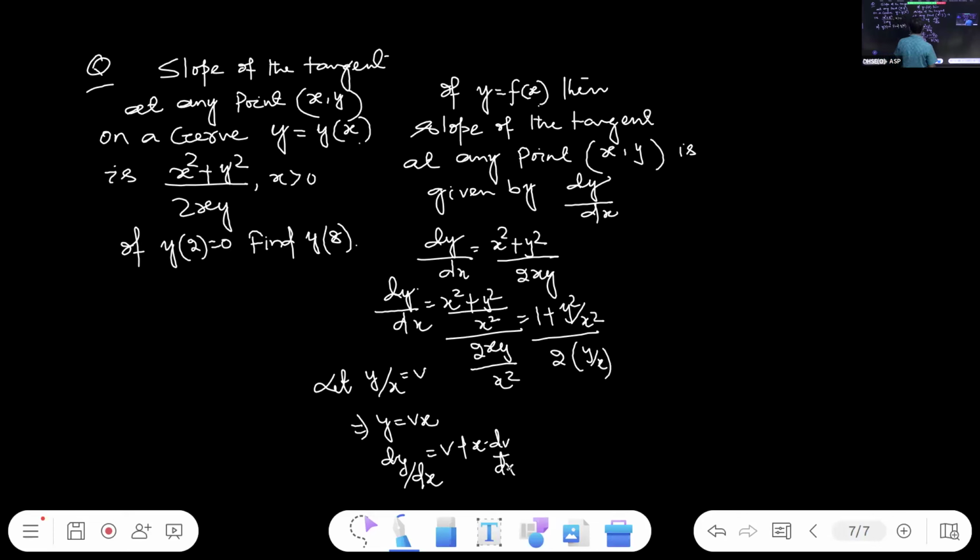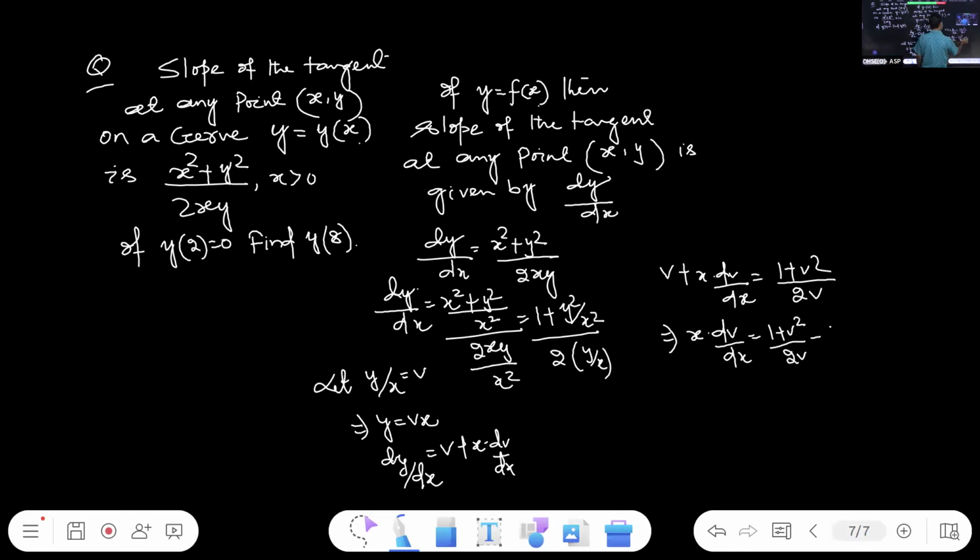Now the equation reduces to (1 minus v square) upon 2v.